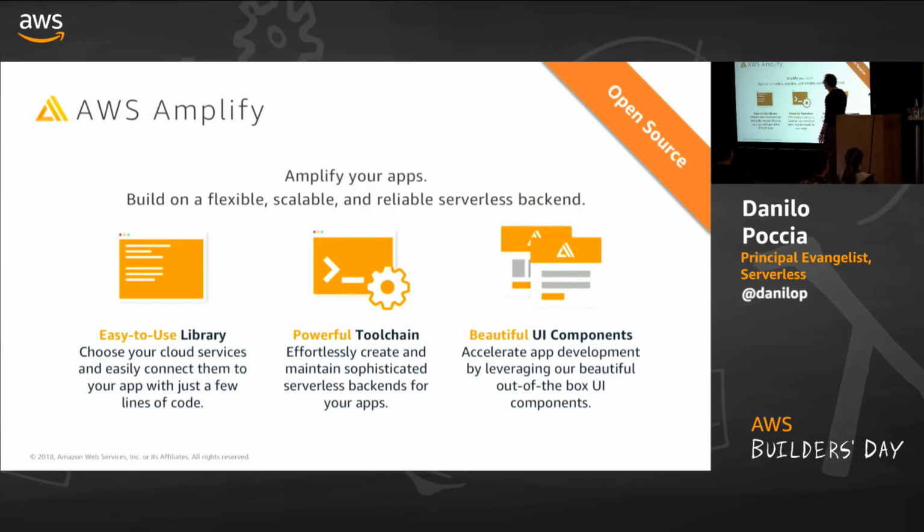In the meantime, since last year, we are also growing what we call AWS Amplify. This is a whole tool chain. It started as an open source library. There is also a tool chain with the CLI and UI components that you can use. This is targeting mostly hybrid development, so JavaScript based, but it's also adding features for native development on iOS and Android.